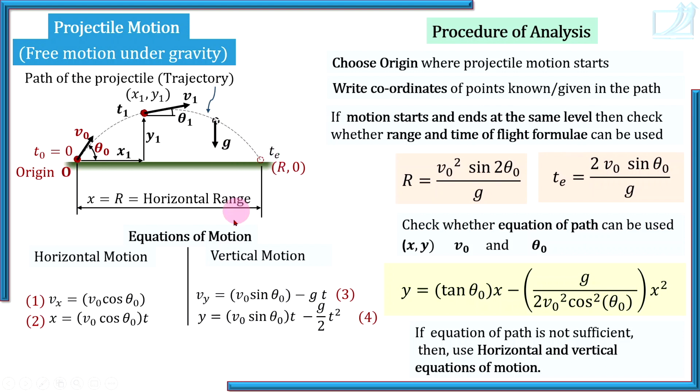Throughout the motion, horizontal acceleration is 0, vertical acceleration is minus g. Vx, is it variable? No. Horizontal acceleration is 0. So, horizontal velocity Vx is a constant. X coordinate changes continuously. So, x is a variable quantity.